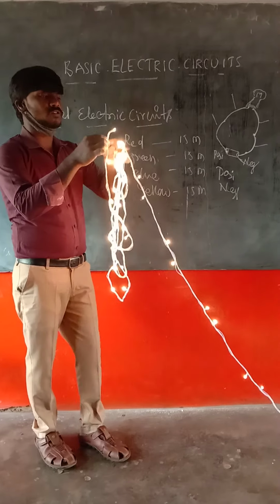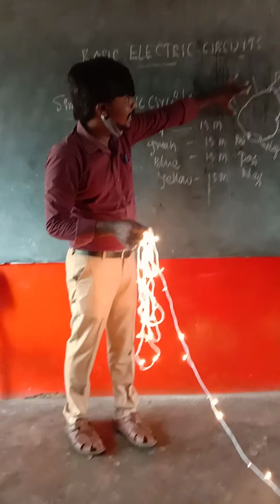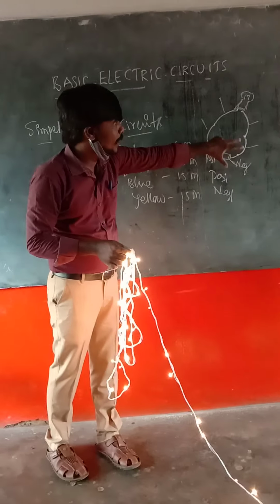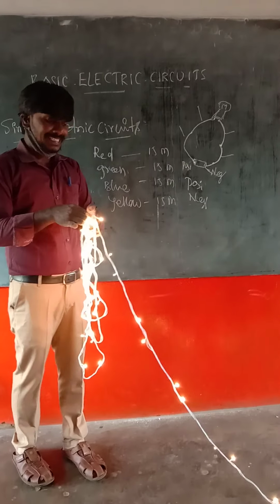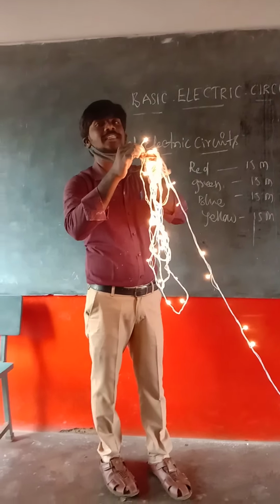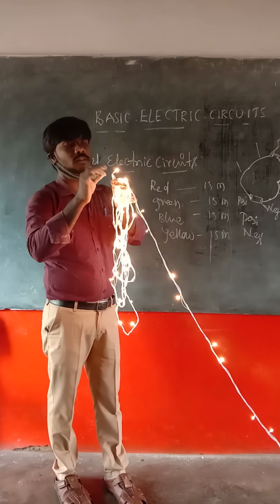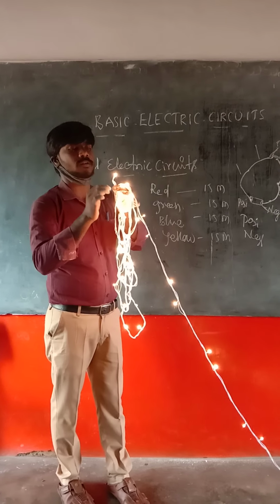Every circuit has 4 wires. Already I told you, it is the green, the red, the blue, and the pink. In this case also it is serial lights. The power will be supplied through the wires.